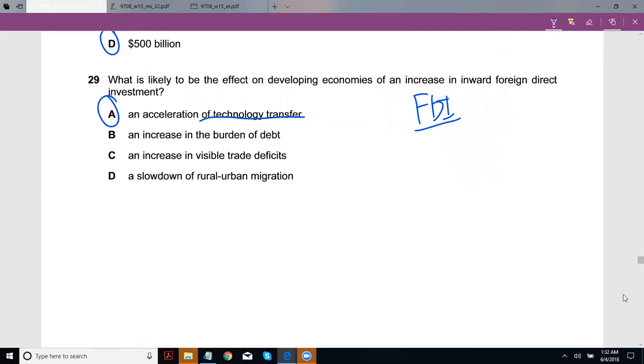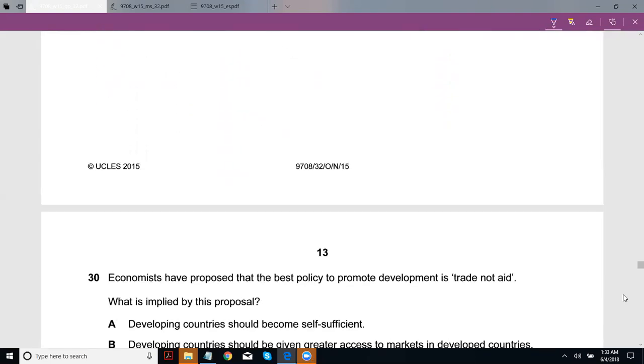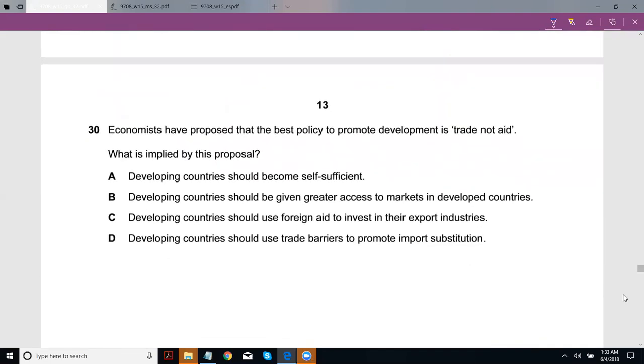It does not increase debt. It has no effect on trade deficits, and it should not slow down rural urban migration, because a lot of this investment is in urban areas. So if anything, urban areas are more attractive now, so you would want to migrate to urban areas more.